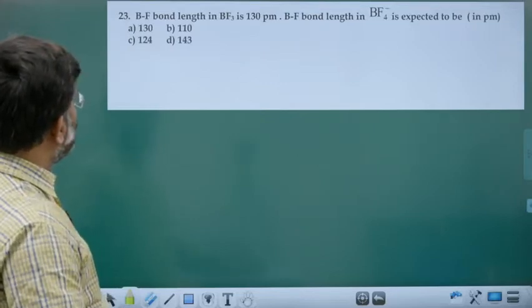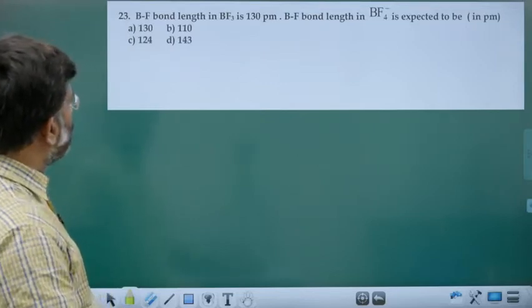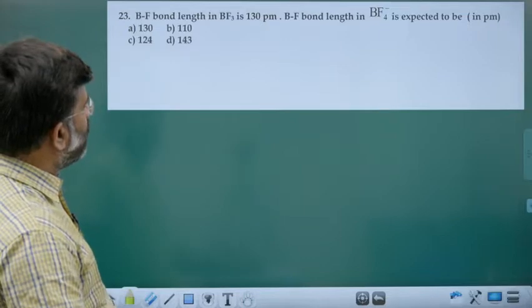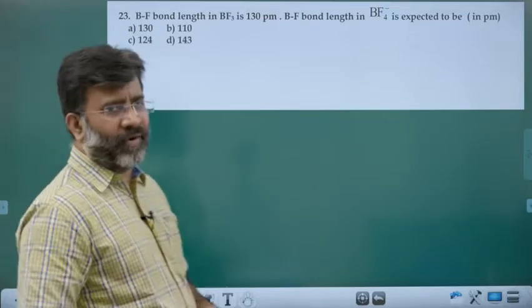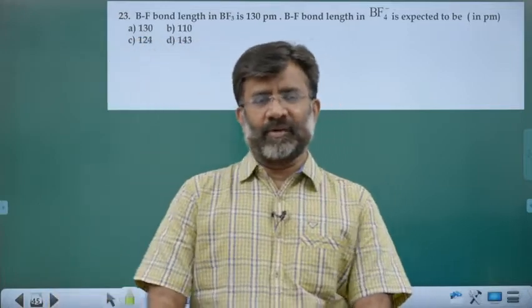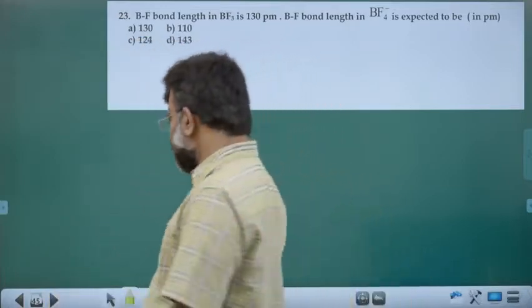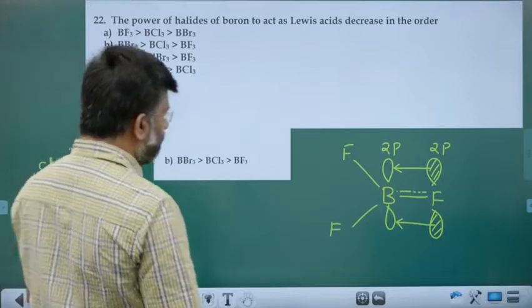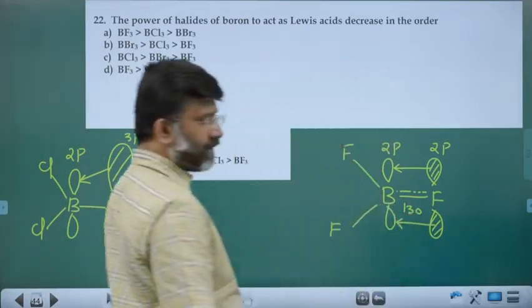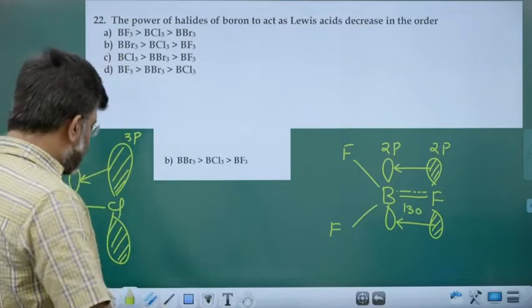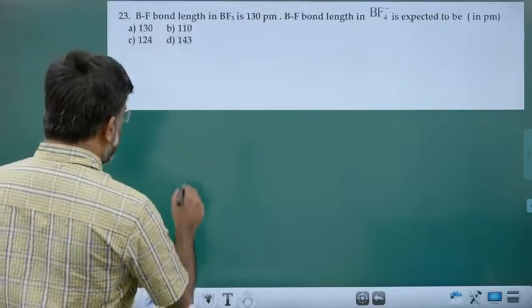BF bond length in BF3 is 130 picometer. BF bond length in BF4 minus is expected to be more than 130. You see, here the bond length is 130 picometer. What will be the bond length in BF4 minus?